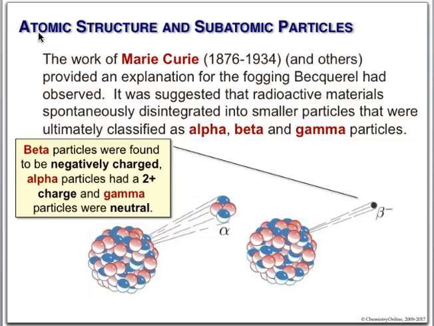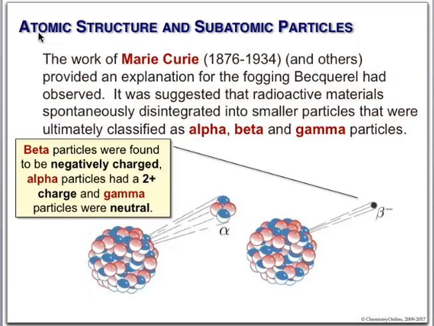Three particles were identified, and there are many more, but three particles were alpha, beta, and gamma particles. Alpha particles, if you look at this, have 2 protons and 2 neutrons. This is the same thing we saw in the helium nucleus, isn't it?